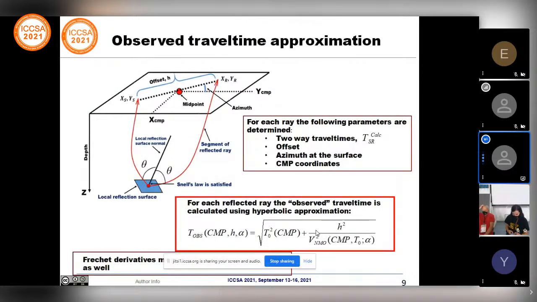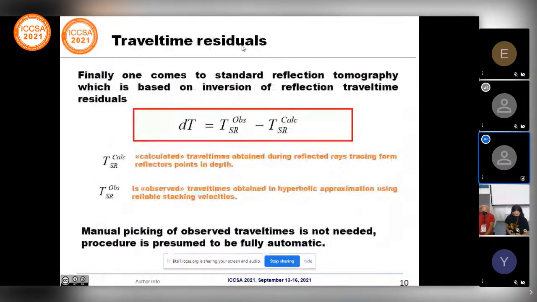So finally, we come to standard travel time tomography. The input data are travel time residuals, the direct difference between observed and calculated travel times. This approach doesn't need manual picking. This procedure is fully automatic.